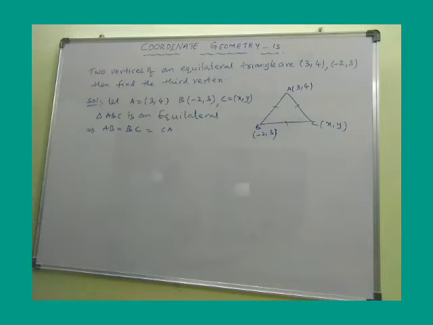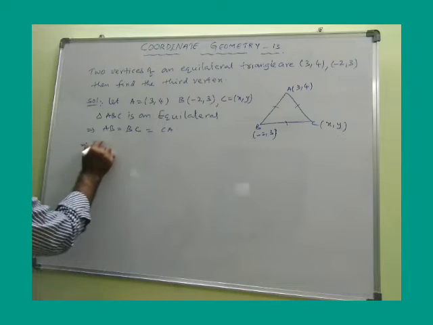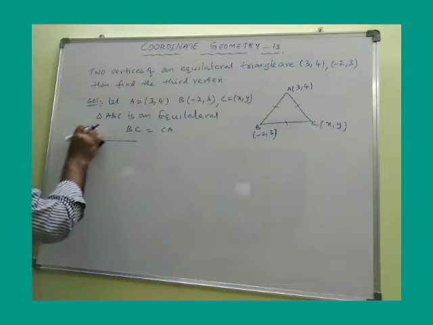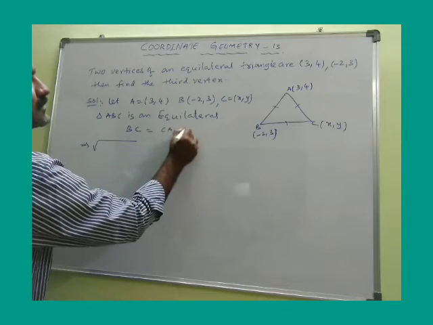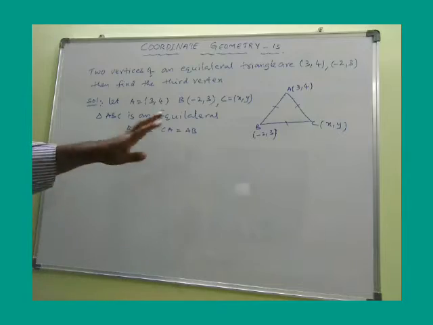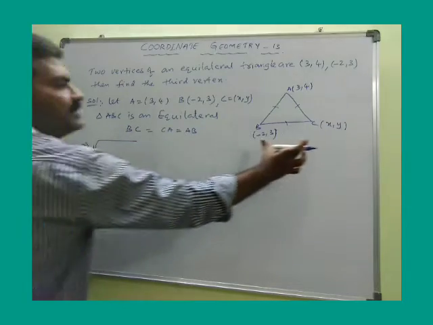Okay. Now just find the distance between A and B. Anyhow, three sides are equal. So first find BC, the distance between B and C.